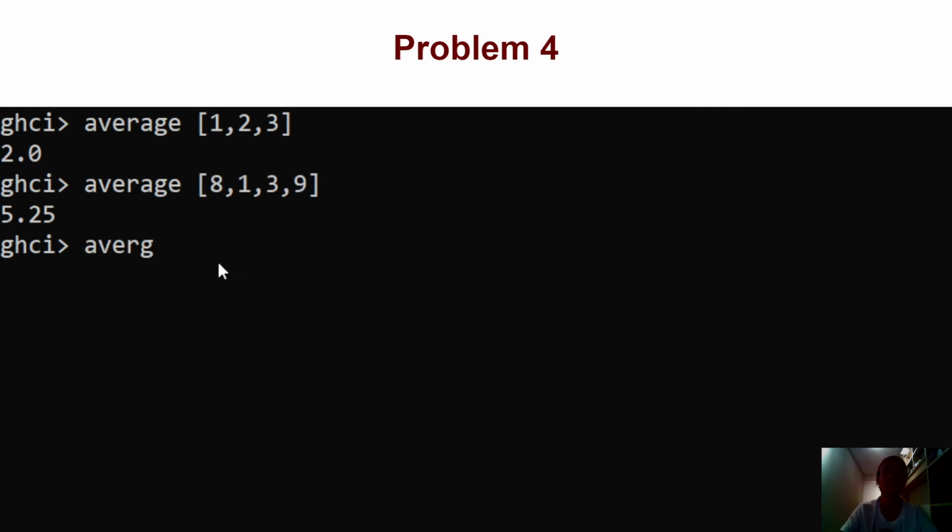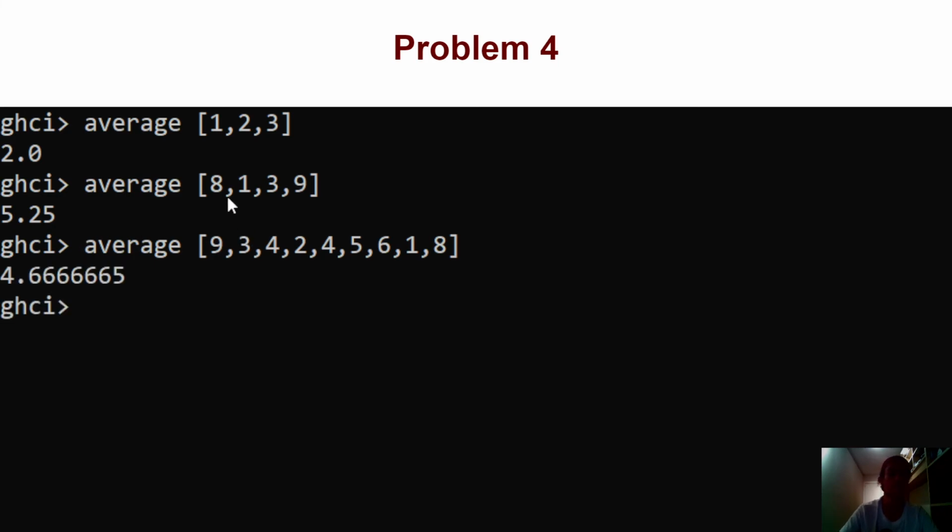We press enter and we get precisely this value. So as we see, this function is working properly. You can try and test with your own input lists. For instance, we can apply the average function to the list of elements 9, 3, 4, 2, 4, 5, 6, 1, 8. If we sum all these elements and divide by the number of elements, the average is 4.666 with a periodic value.